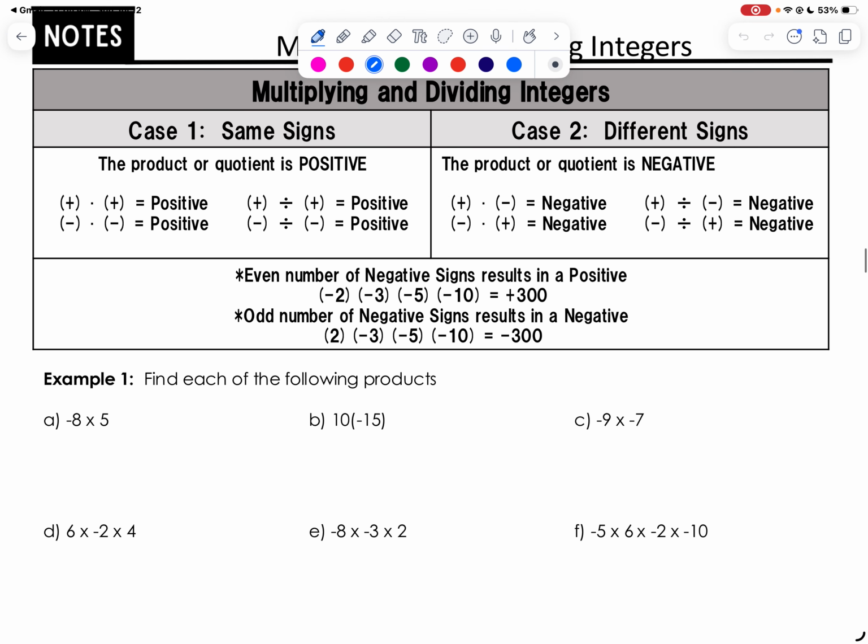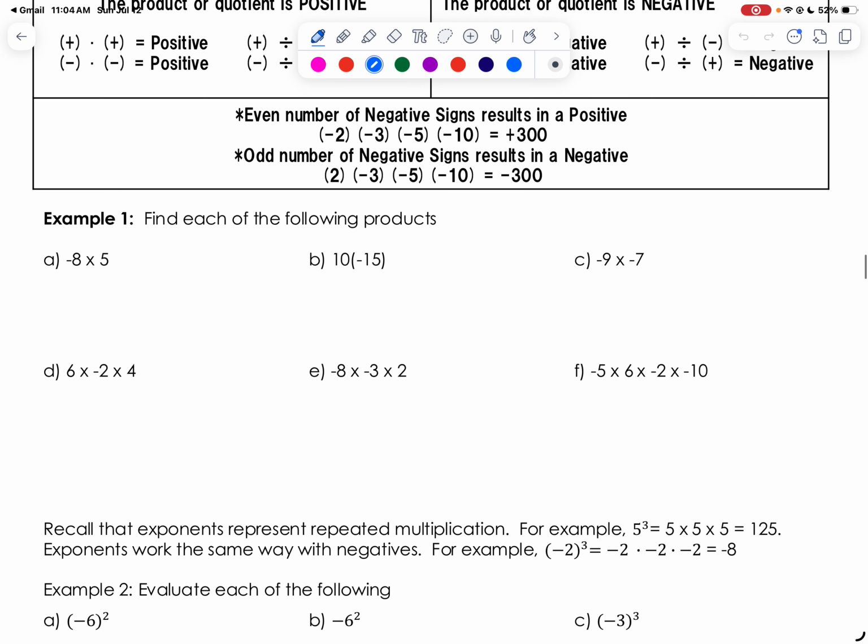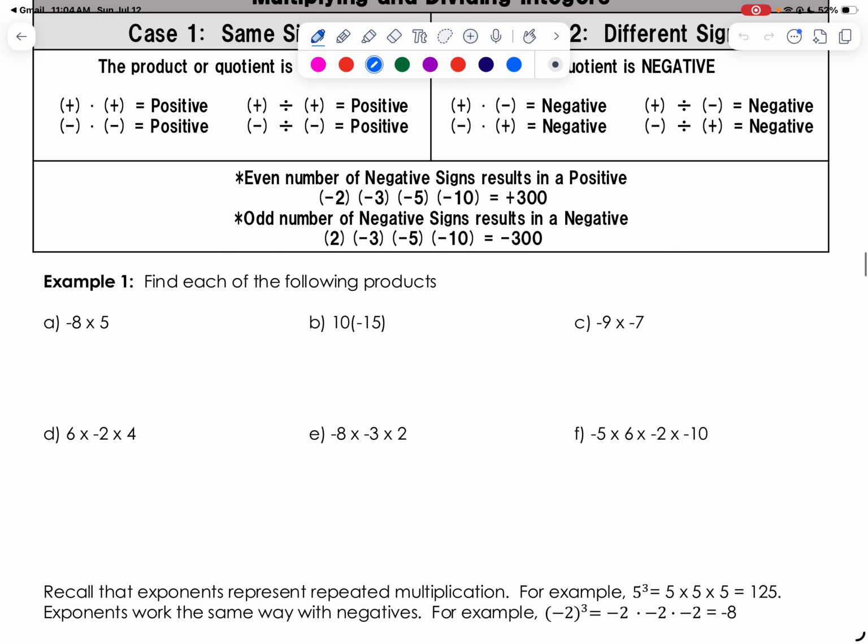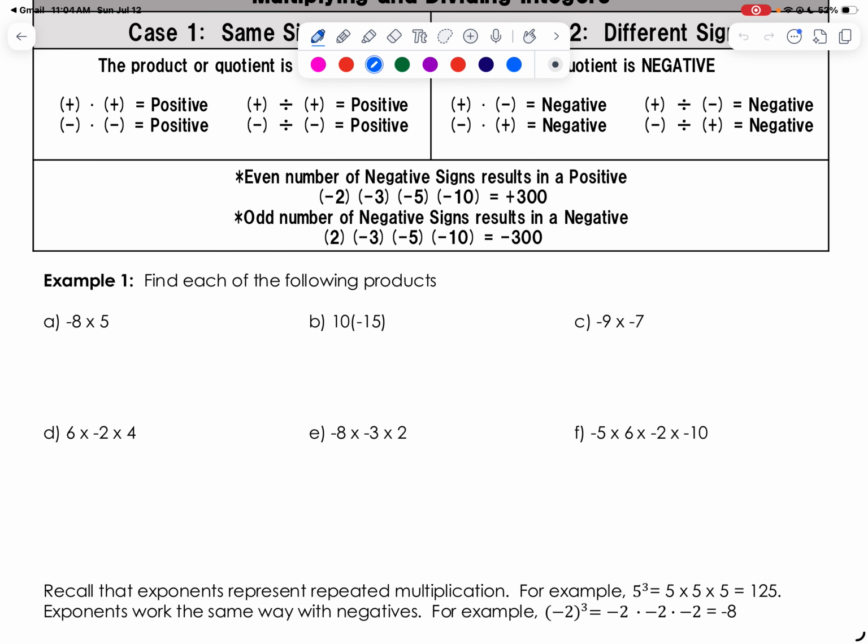There's one addition I'd like to make to this rule: sometimes you'll have multiple numbers that you're multiplying. In this example, we have -2 times -3 times -5 times -10. There are four numbers that you're multiplying, and that's an even number of negative signs. 4 is even.